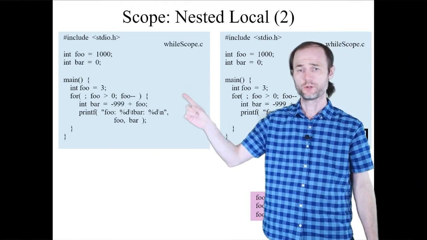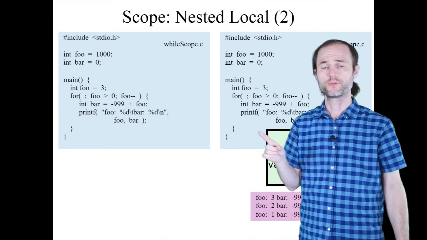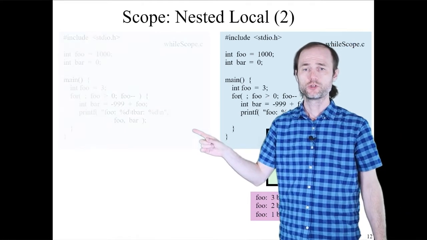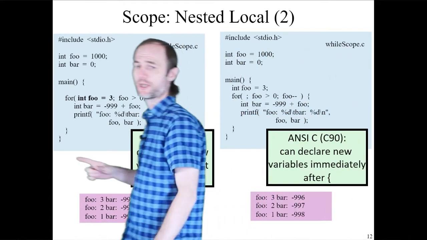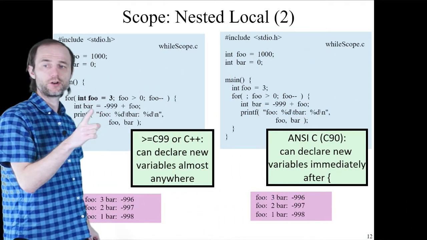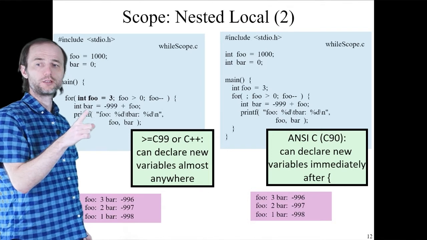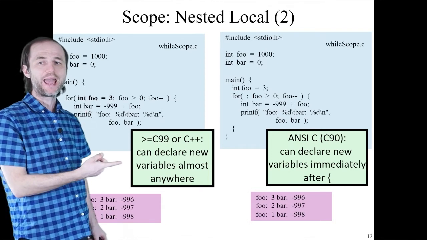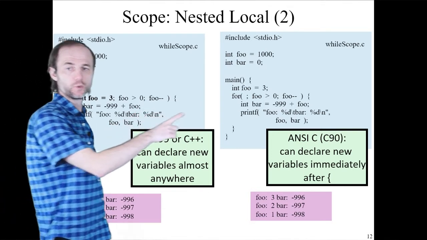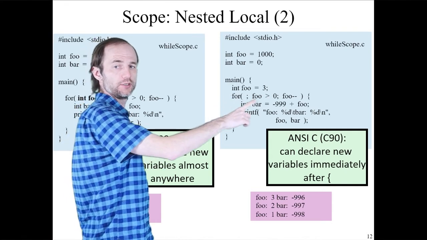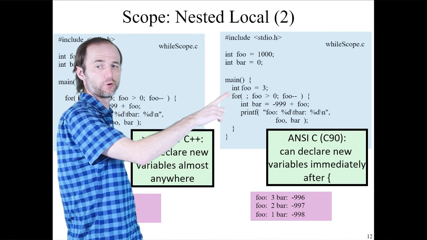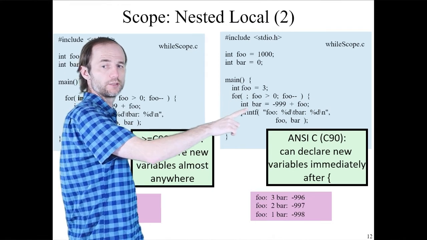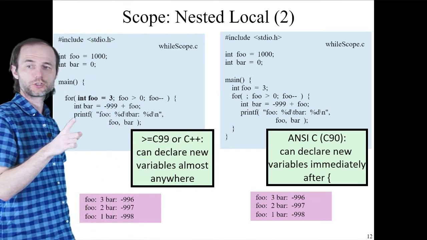So look at the same code that we looked at before. And what we're going to do is subtly modify it. You actually can define the variable foo right there in the for loop, basically almost anywhere. So we will move this declaration and assignment of the foo variable from before the for loop inside of the for loop, just like here.